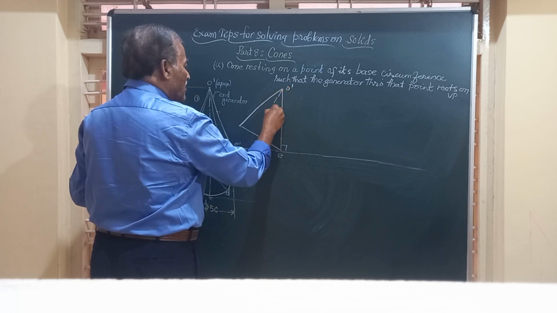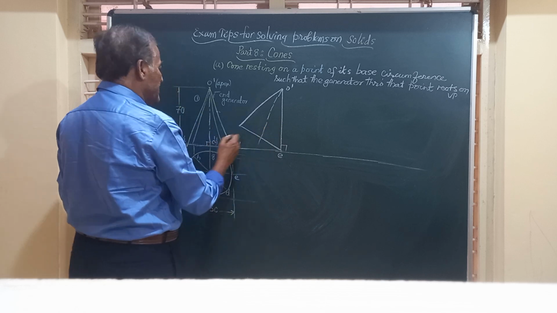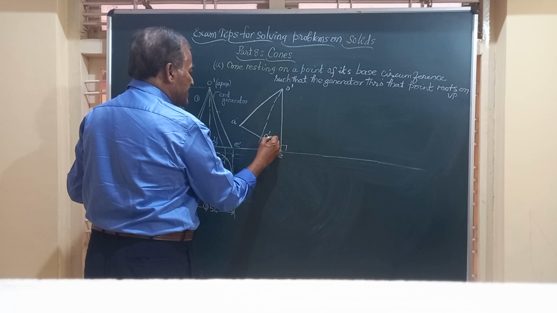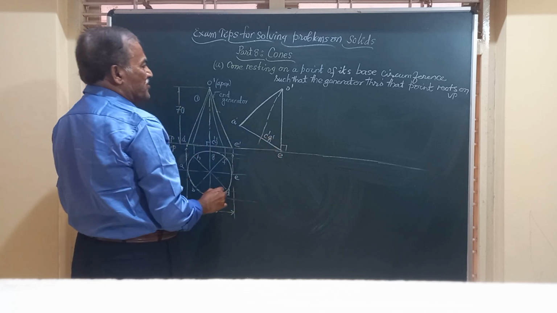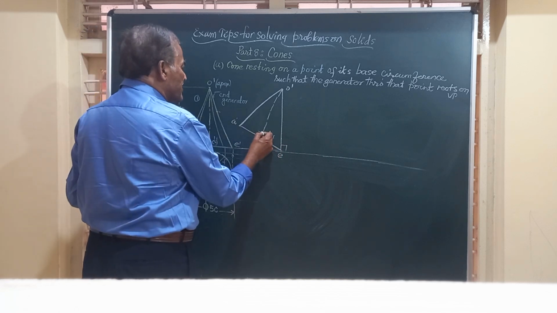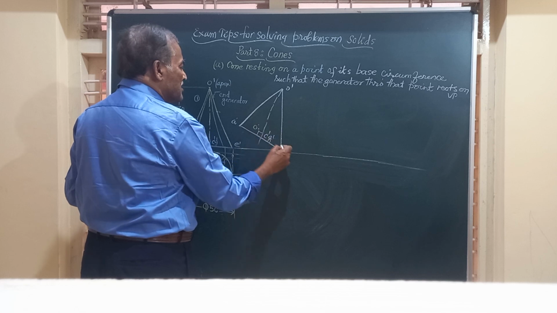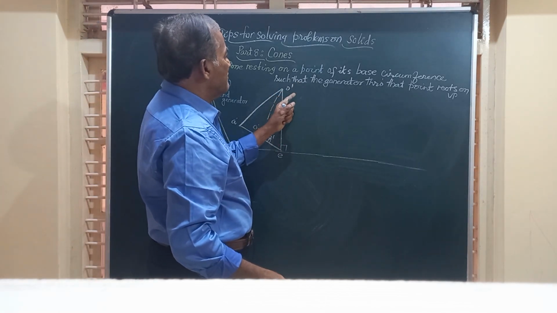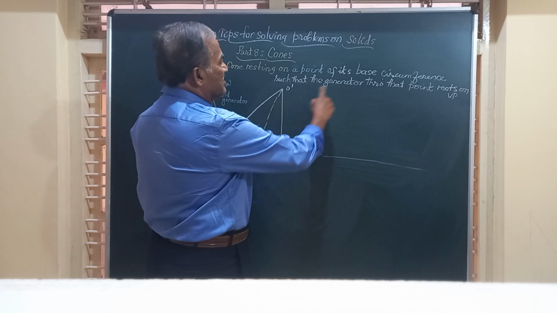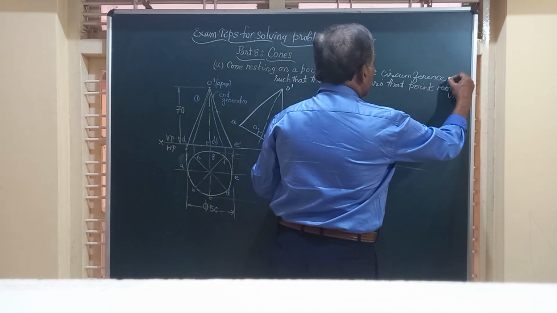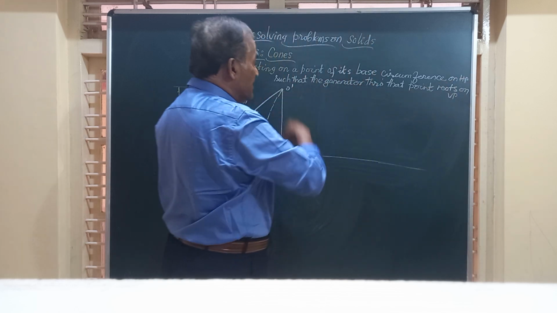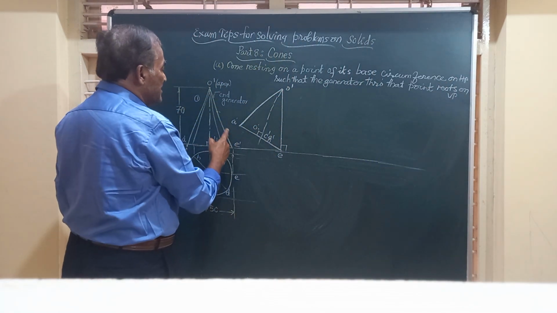I mark all other points of the base like A dash, this is C dash, G dash. Say only 4 points I will show here. And this is, friends, O1 dash. Now he has specified a point of its base circumference on HP, such that the generator through that point is now here.